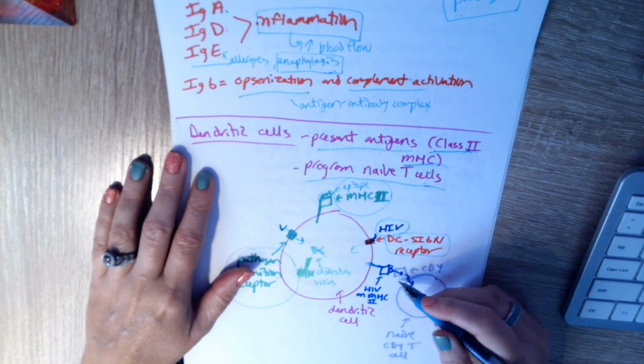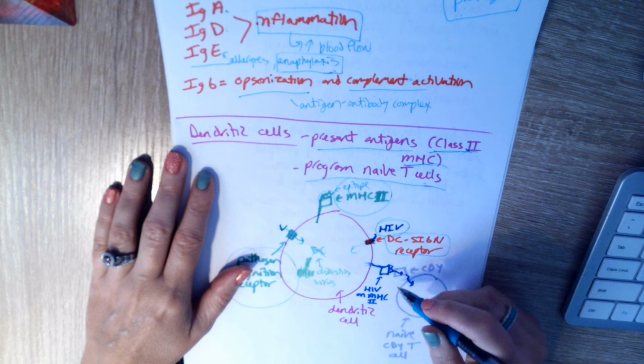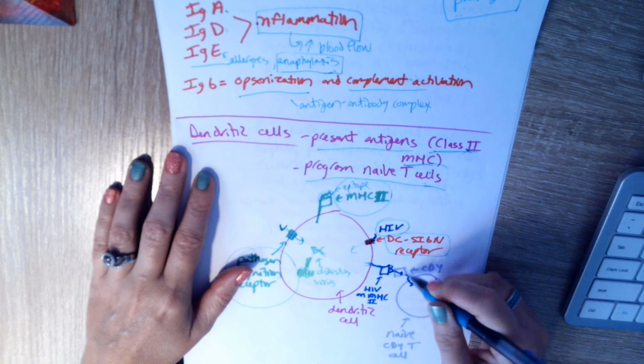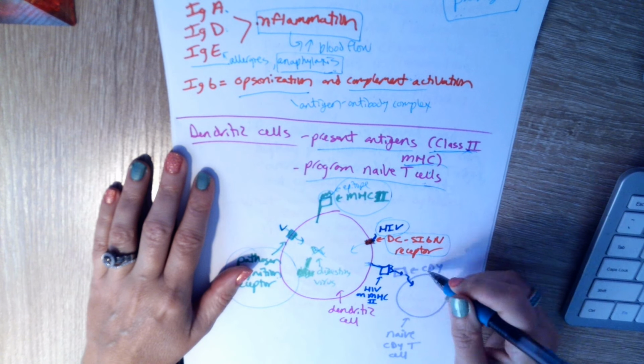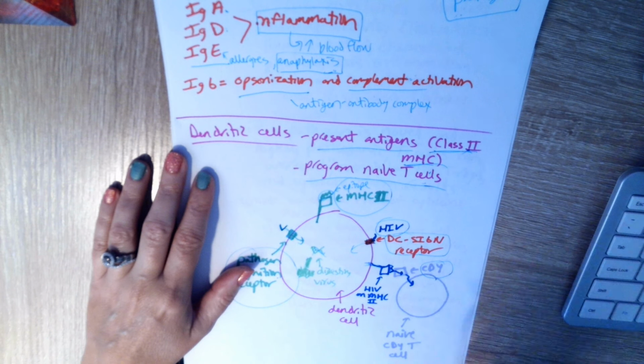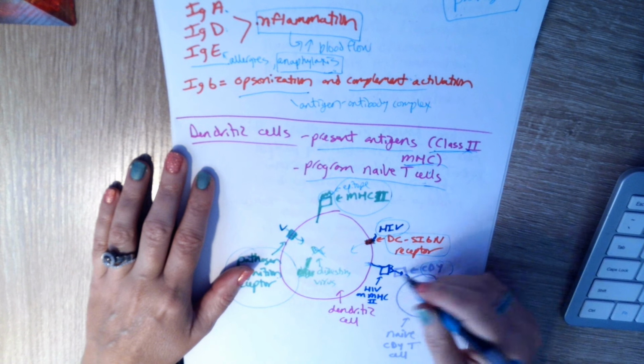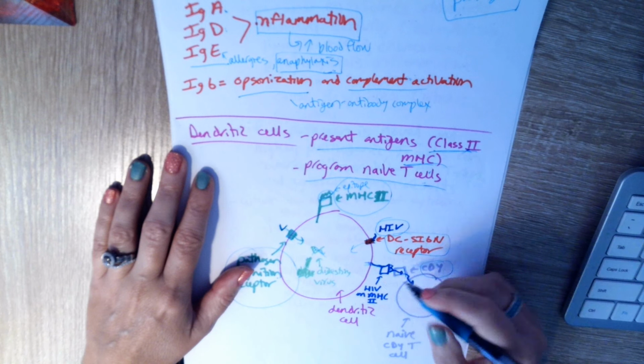But unfortunately, HIV has this way of, once the naive T cell binds with its CD4 marker, so it'll be CD4 naive T cells specifically, because HIV is just specific for the CD4 marker.